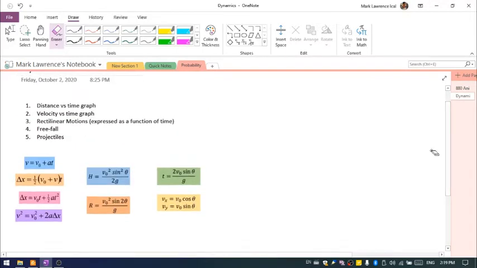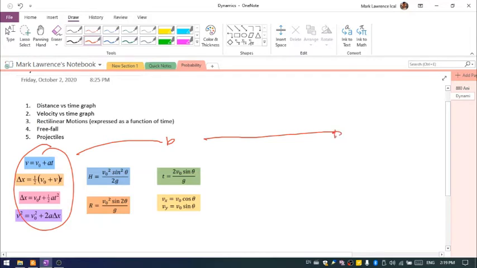So, looking at this formula here, napapansin nyo, gumagamit tayo ng x. So, it means that particles move along the x-axis. If you're going to talk about the particles that move along the y-axis, hindi na x ang gagamitin natin, kundi h. So, all you need to do is to simply replace x with h, and at the same time, replace a with g.